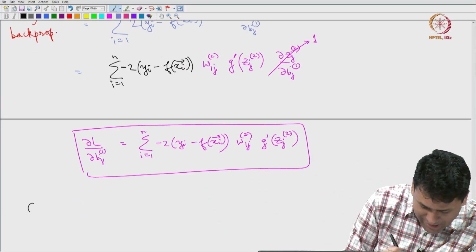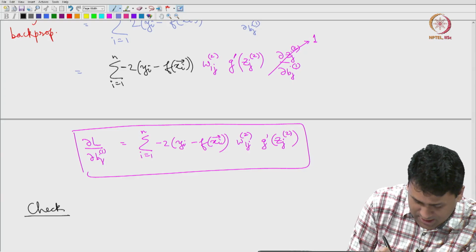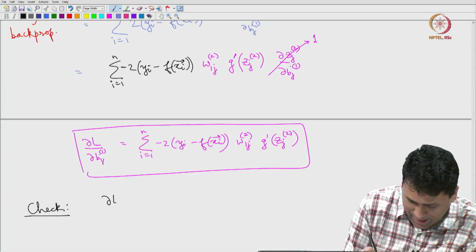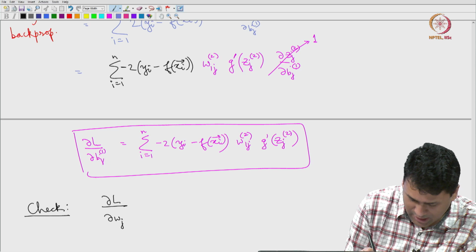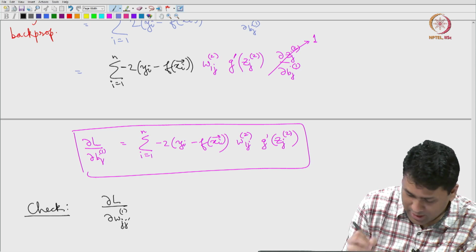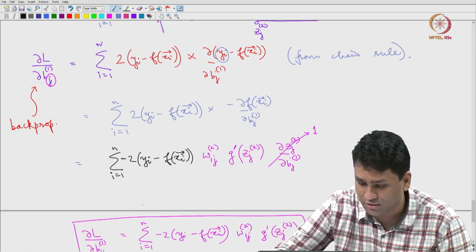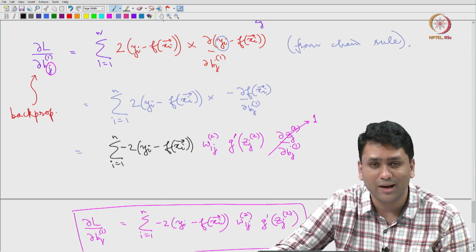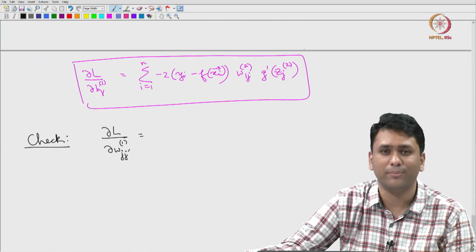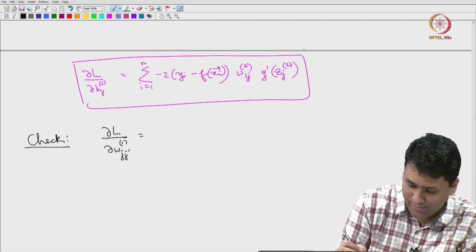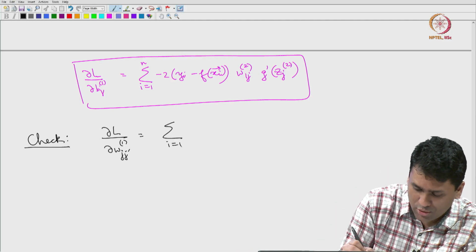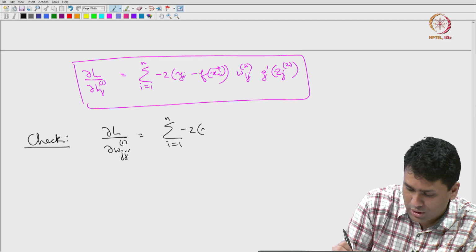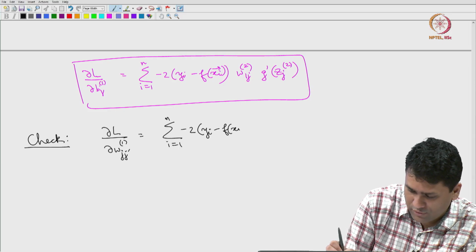So, this is one example of back propagation that I have taught. I want you to check, as an exercise for you, del L by del wjj' 1, which were the other set of parameters. You can check that when you write the chain rule back propagation for this step, you will get the sum over i going from 1 to n of minus 2 times (yi minus f of xi).